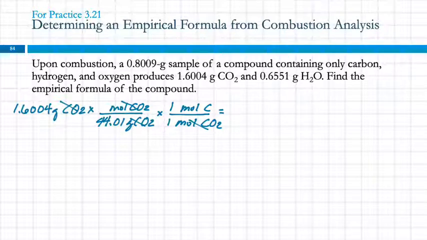So this is the same as the previous problem. This one has 5 sig figs, and so I'm just going to round this to 5 sig figs. 0.036364 moles of carbon.